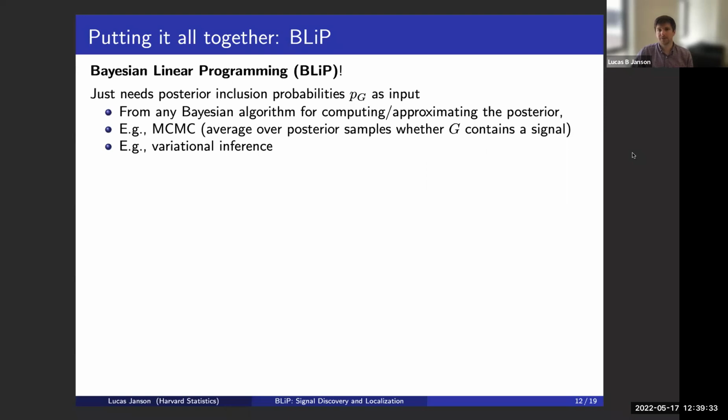In our application, we built on top of a variational inference method called StarNet, and there are other ways. Really, any Bayesian posterior approximation algorithm should be compatible with our method, because all you need to be able to do is pull out PIPs relatively efficiently. Basically anything you can get samples from, you can very efficiently draw PIPs from by just computing how many of those samples contain a signal in the region that you care about.